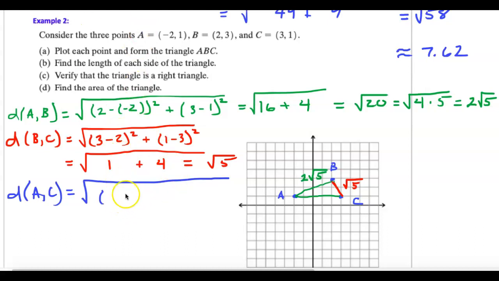So we go back, and so we've got 3 minus -2.